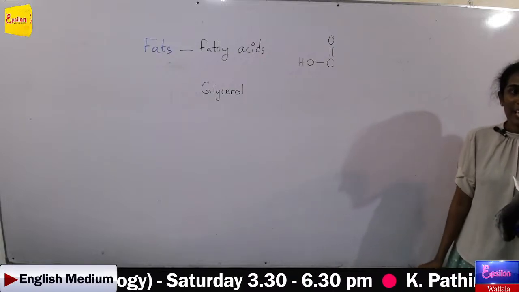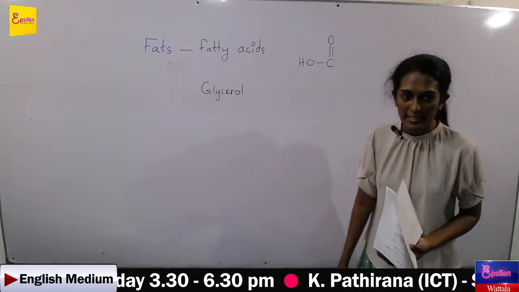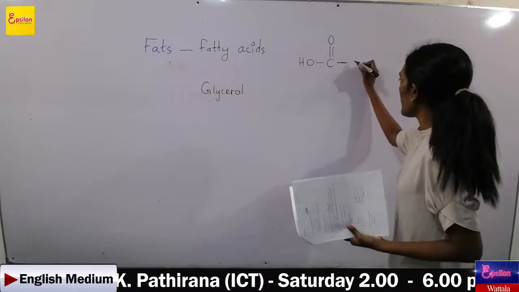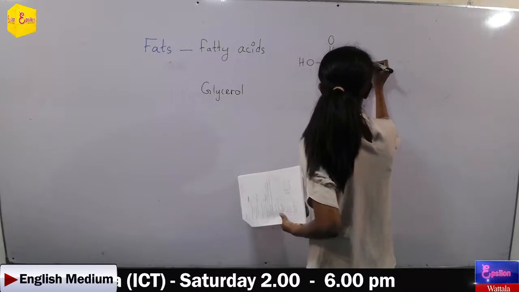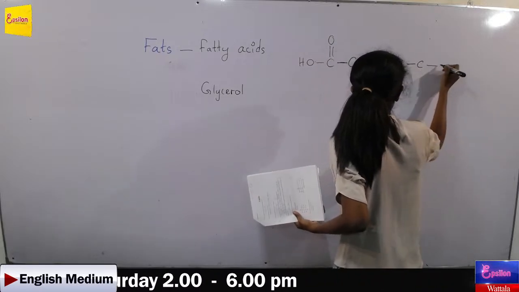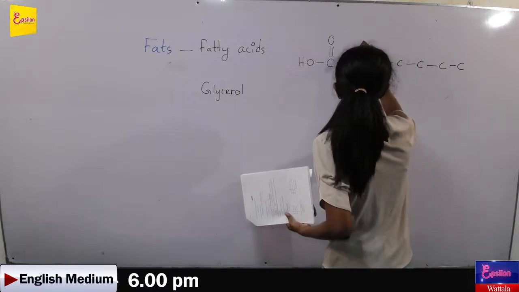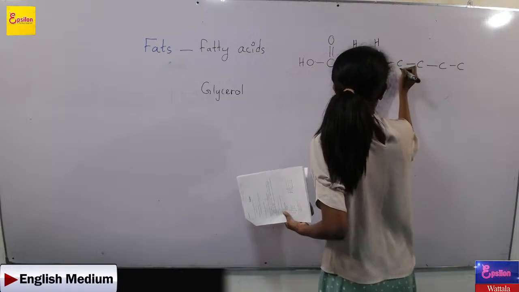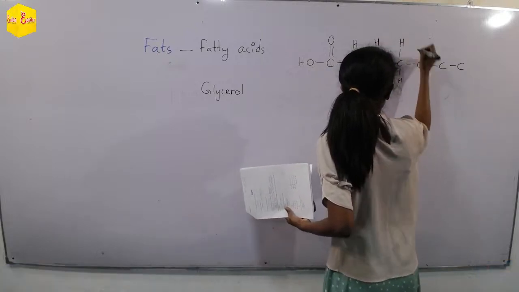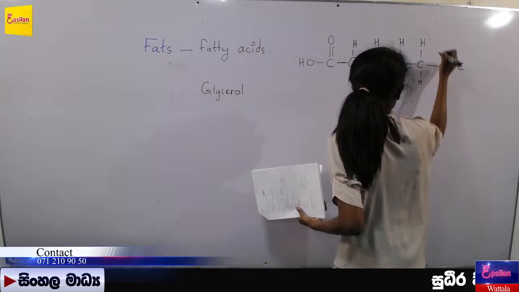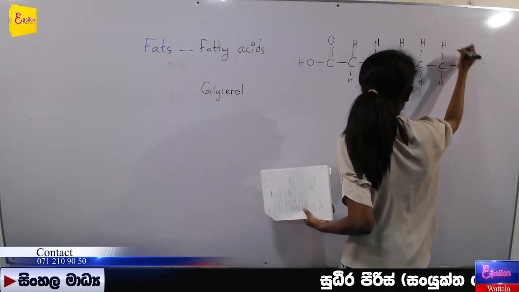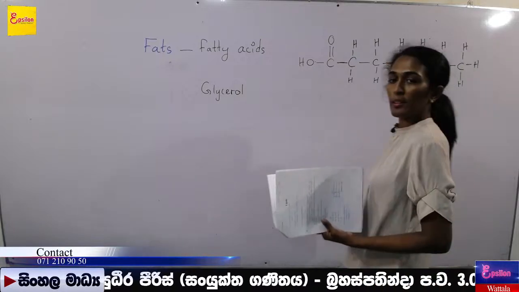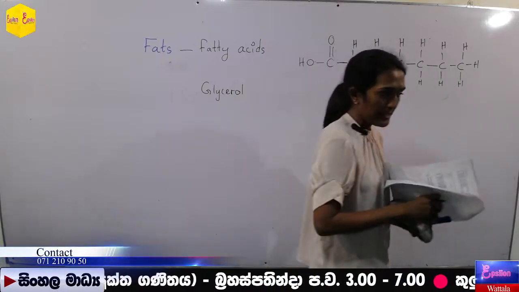It's a carboxylic acid group, isn't it? That's why this is known as an acid. This carbon chain may have many carbons and hydrogens here. Always around carbon, 4 bonds should be fulfilled, right?